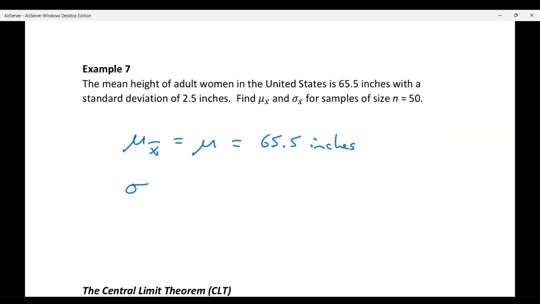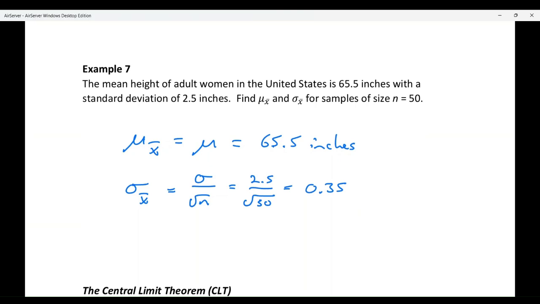My standard deviation for the sample that I would expect to get, taking a sample size of 50, is the standard deviation for the population divided by the square root of n, which in this case would be 2.5 divided by the square root of 50, which is 0.35.